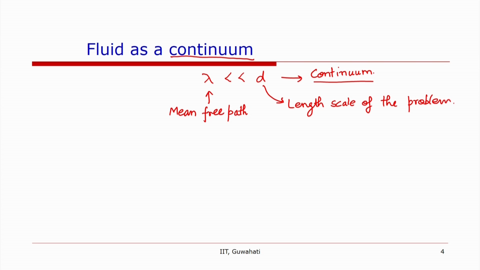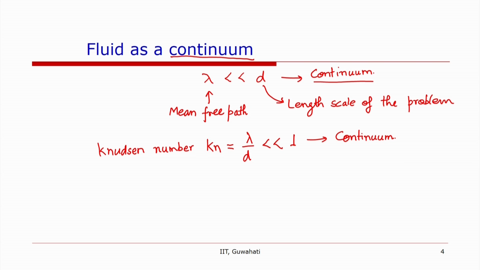There is a non-dimensional number associated with it, which is known as the Knudsen number. So Kn is equal to lambda by d. Now if the Knudsen number is smaller than 1, then the fluid can be considered as a continuum, and we can describe it as a continuum.